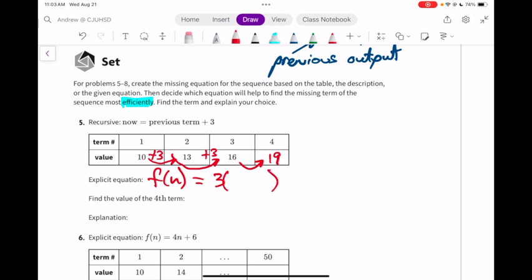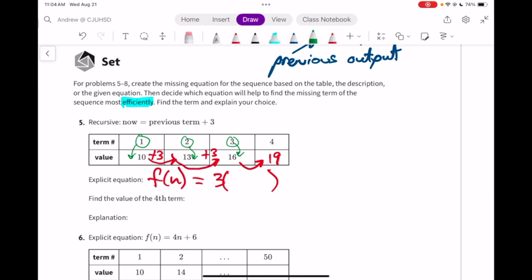Now let's analyze this real quick here. 1 gives you 10. 2 gives you 13. 3 gives you 16. Are 10, 13, and 16, are those multiples of 3? They are not.